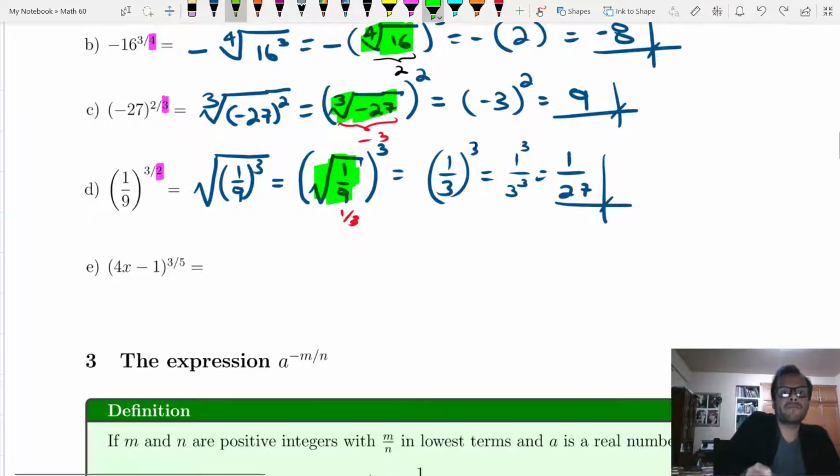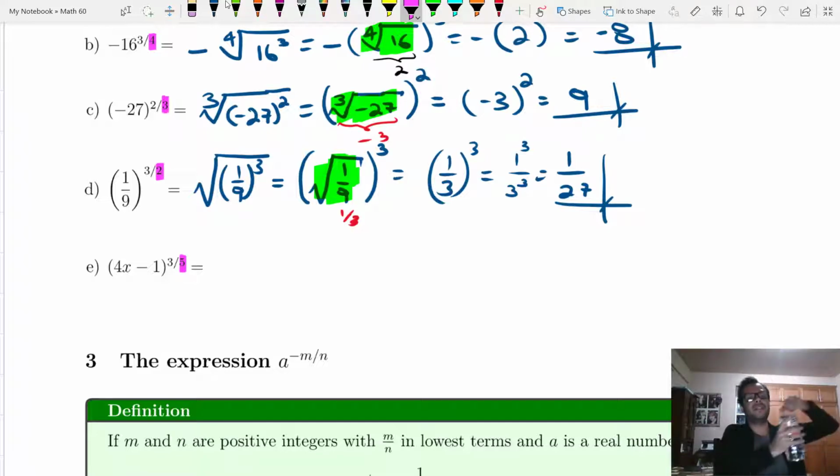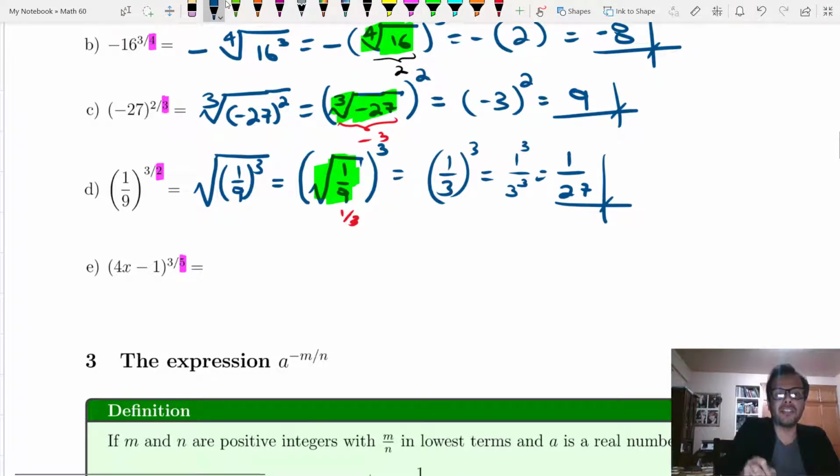Let's identify the index from the denominator of the rational exponent. Again, the denominator of the rational exponent is going to tell us what the index of the radical will be. So this will be the fifth root of the quantity 4x minus 1 to the third power.